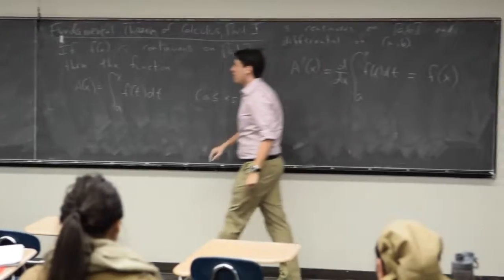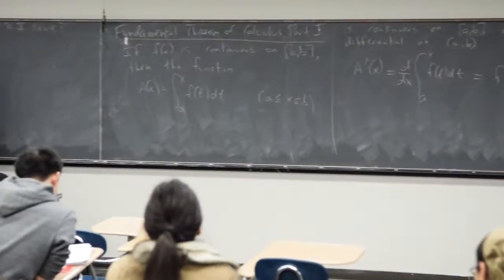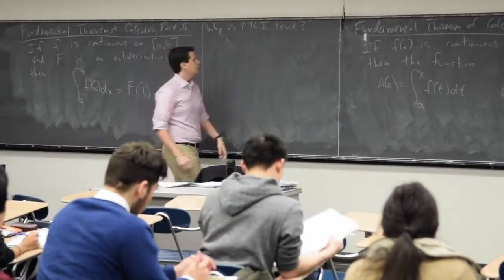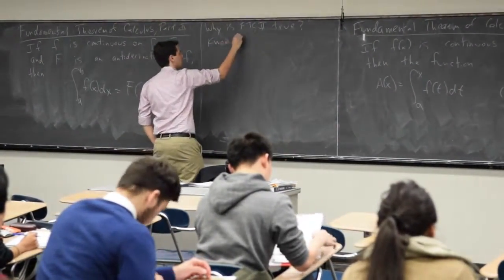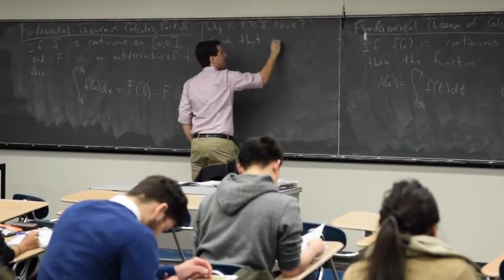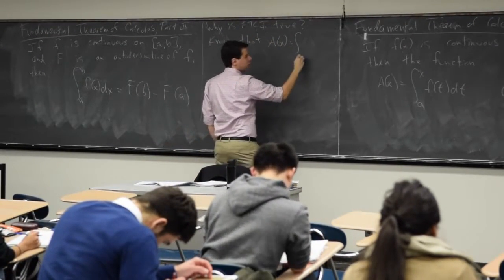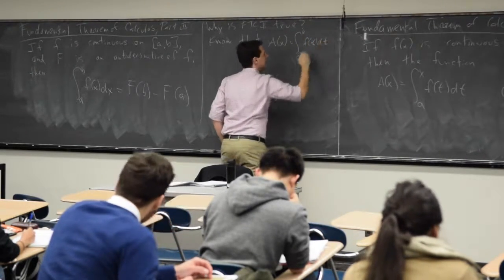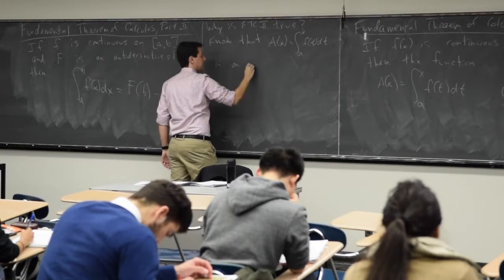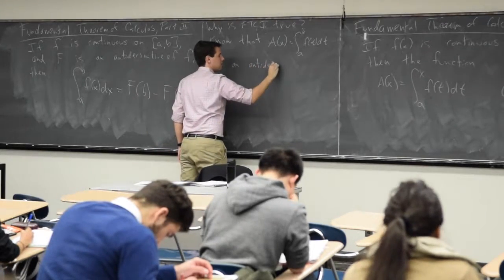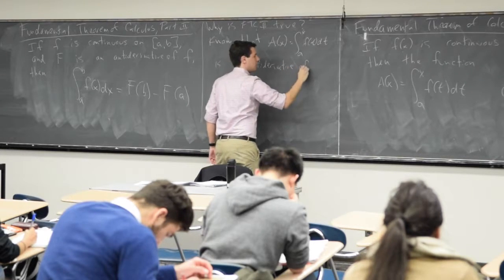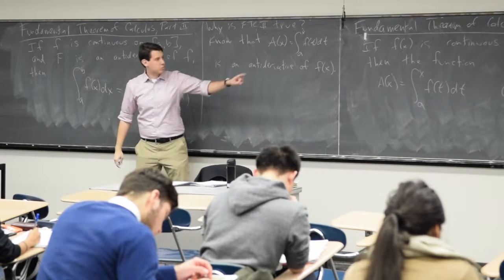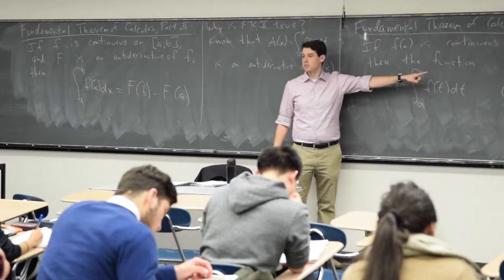That says that capital A is an antiderivative. So we know that A of x, which is the integral from a to x of f of t dt, is an antiderivative of little f. That's what the Fundamental Theorem of Calculus Part 1 says.